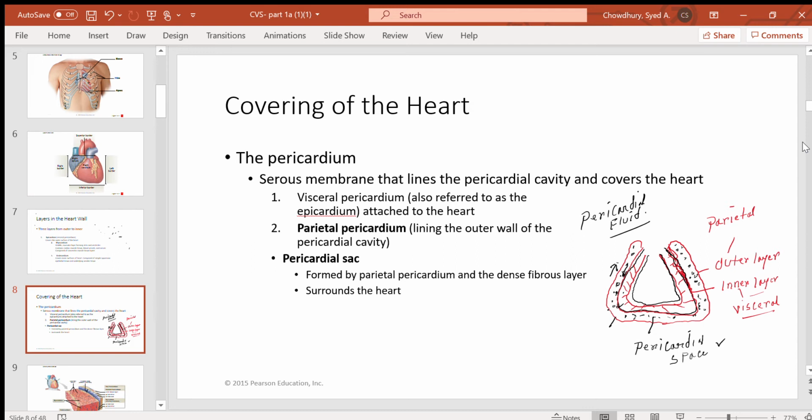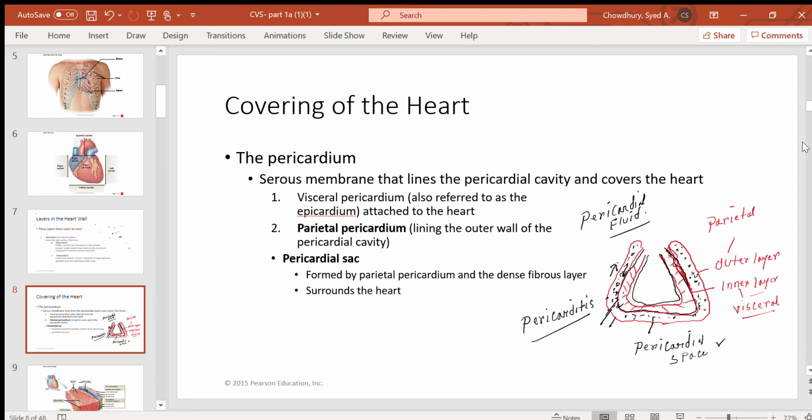Now if inflammation occurs in the pericardium, these layers, that is called pericarditis. Again itis, right? Pericarditis, commonly heard. Pericarditis is the inflammation of the pericardium, these layers. And when pericarditis occurs, what can happen?